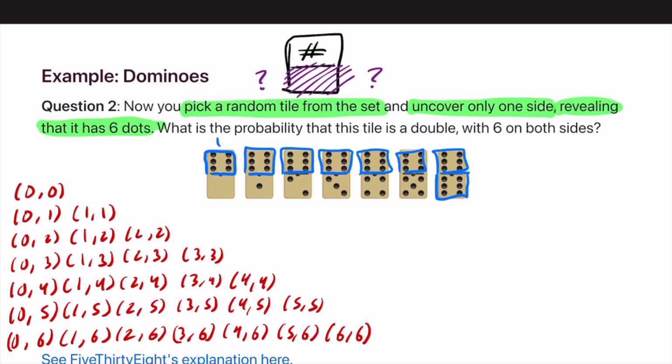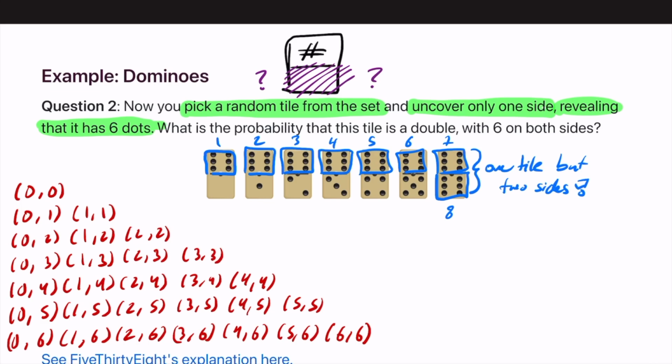So we now have 1, 2, 3, 4, 5, 6, 7, and 8 sides that are revealed. And this is a special case because this is one tile, but two sides.